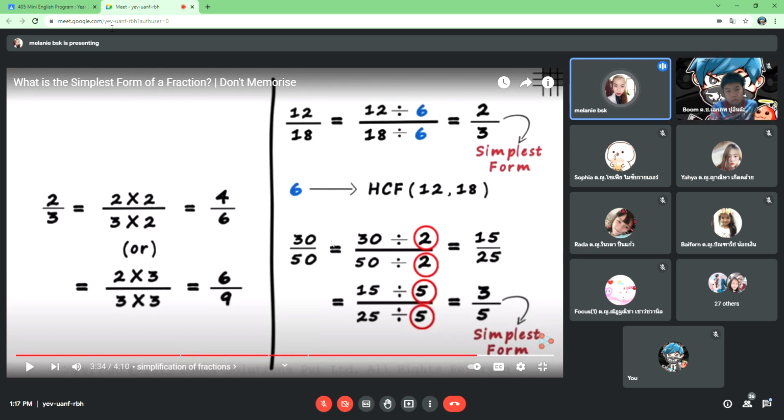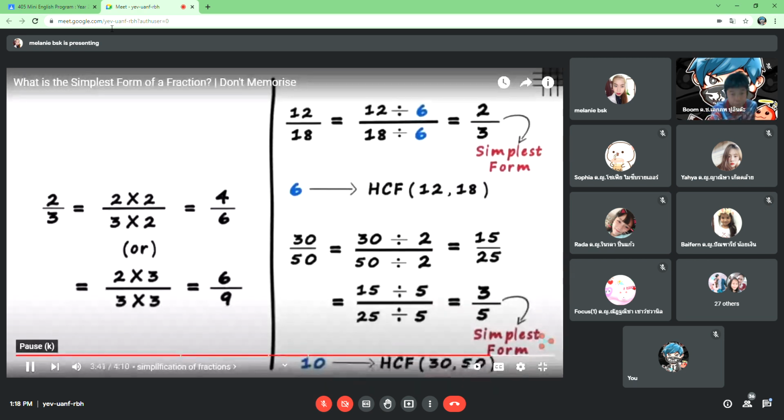30 divided by 10 is equal to 3. 50 divided by 10 is equal to 5. That's the easiest way to get it, rather than using the 2 methods. Here, 2 times 5, which equals 10, is the HCF of 30 and 50.